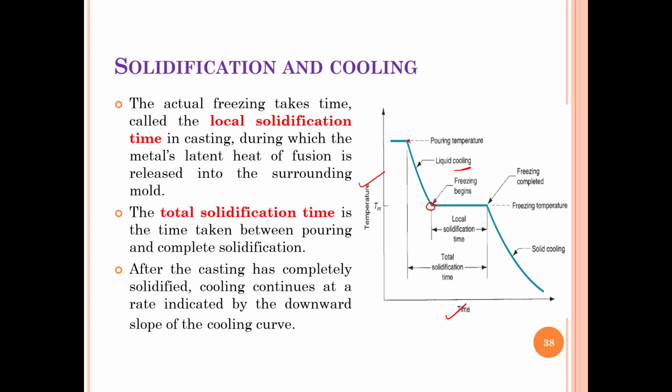Here the temperature is constant, and as time goes, freezing is completed. Then again it is cooling down to solid state. From freezing begins to freezing completed is the local solidification time.